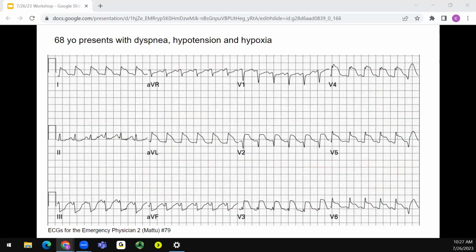All right, 68-year-old presents with dyspnea, hypotension, and hypoxia. What's the rhythm here? Someone says tachycardia. Is it sinus?